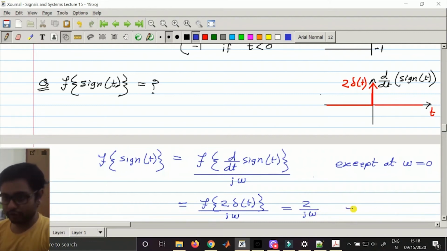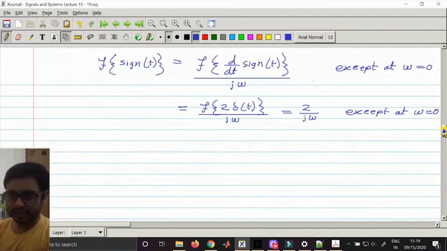This is of course true except at omega equal to 0, and at omega equal to 0, let us calculate that separately.